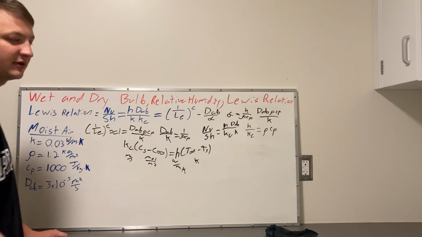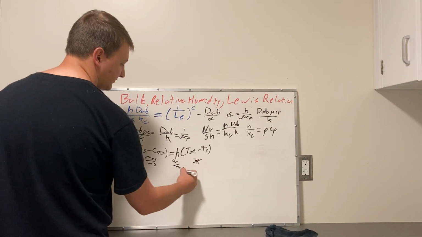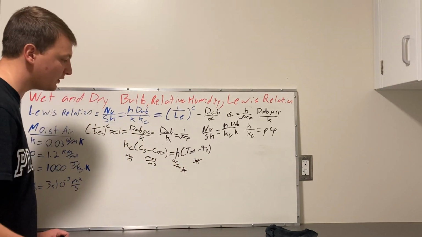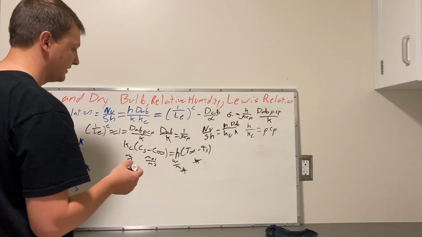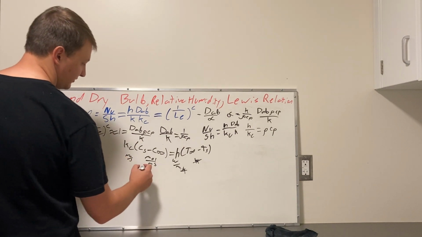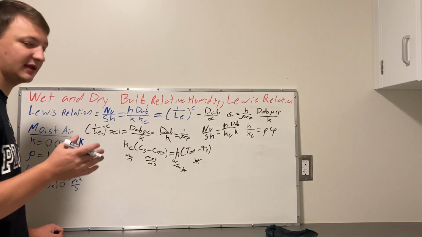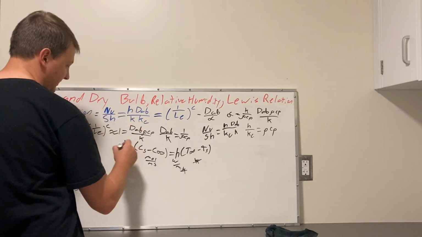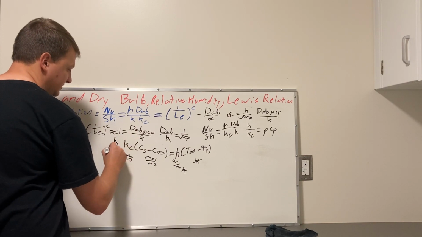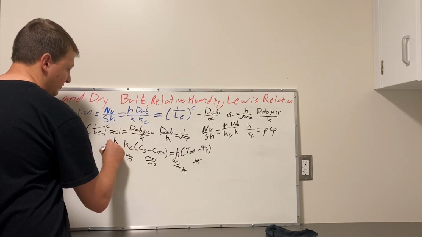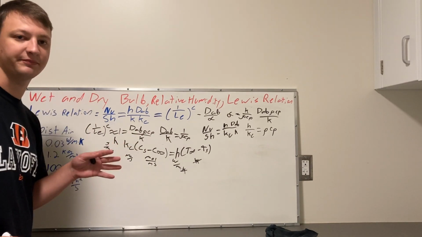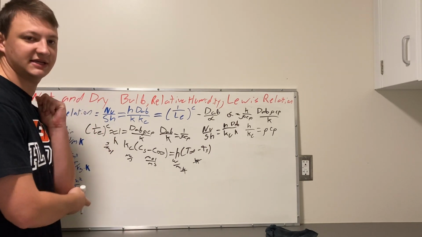The Kelvin cancels out, and we're left with watts per meter on the right side, and on the left side, you end up with moles per meter squared per second. To cancel out, we're going to have to use the heat of vaporization, which is joules per mole, to make sure the units cancel out on both sides.